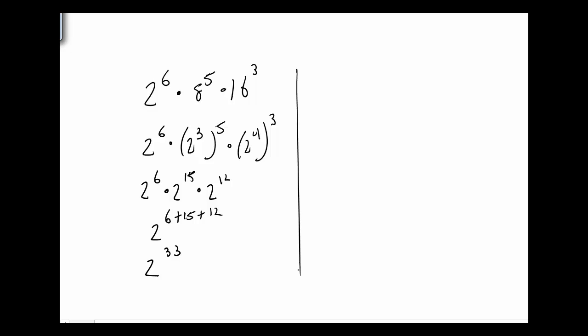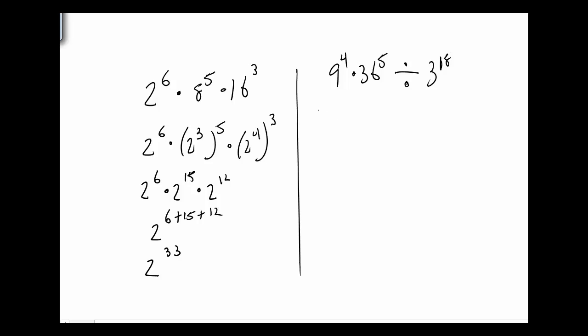Okay, let's look at one with division. So 9 to the 4th times 36 to the 5th divided by 3 to the 18th power. Again, do you notice that the bases are different? However, we're going to make them all the same base.